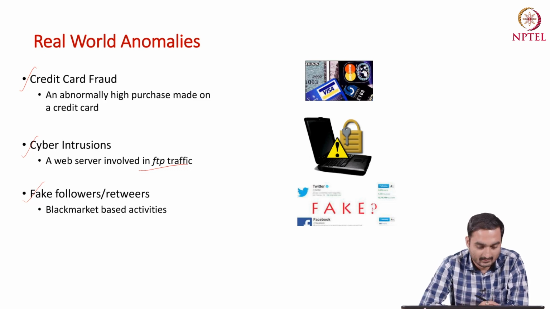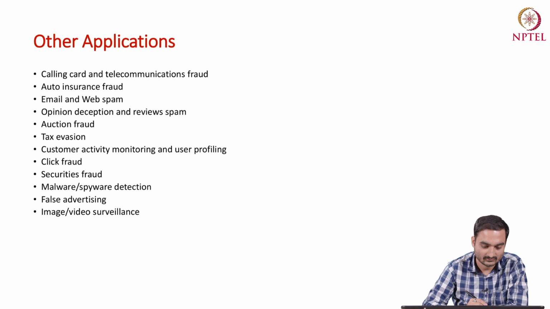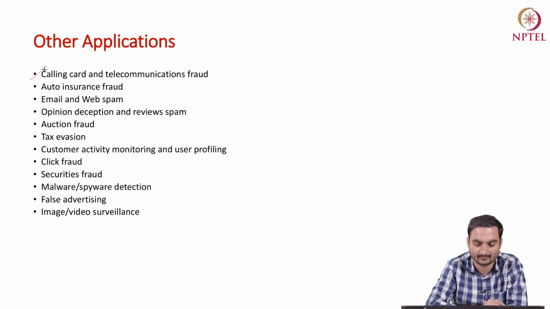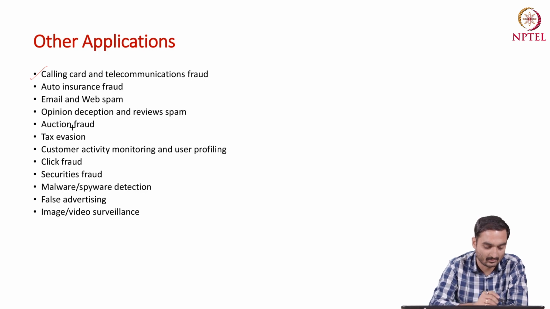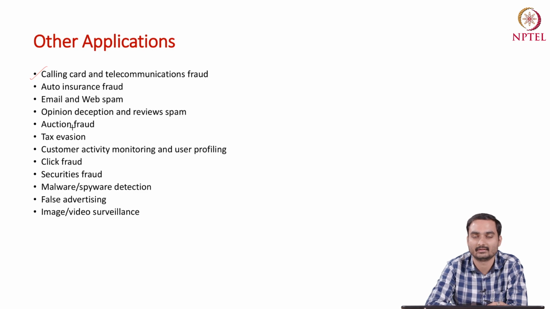Apart from this, we have a series of applications. For example, calling card and telecommunication fraud, auto insurance fraud, email and web spam, the spam detection methods, opinion deception and review spam. If you look at e-commerce services like Flipkart, Amazon, the kind of reviews that people generally write, many of them are fraud reviews.